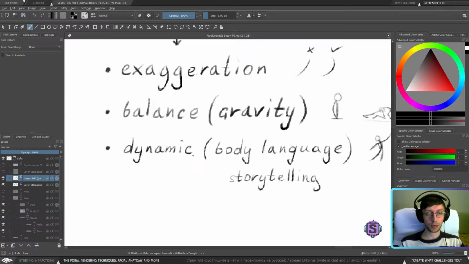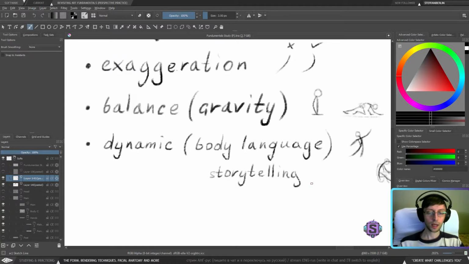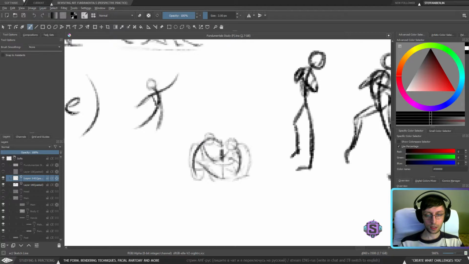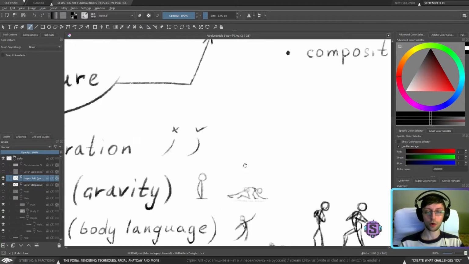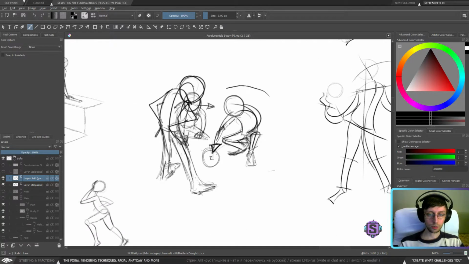Another way to use dynamic right here, again, through the exaggeration, is adding dynamic to the storytelling. Dynamic through the storytelling is basically creating and placing things the way that they're going to attract the viewer to a primary focus. So for instance, good example with this, this work has a primary focus that every person is going to look at, in most cases, right here.